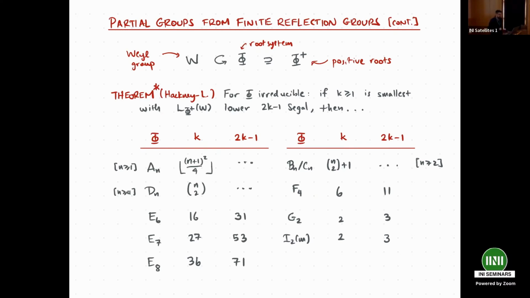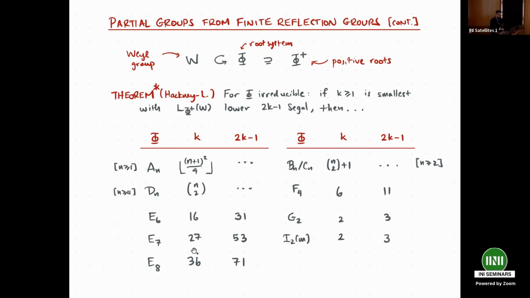If K is smallest such that this partial group is lower 2K minus 1 Segal, then K can be quite large. It grows roughly quadratically in the Segal degree.